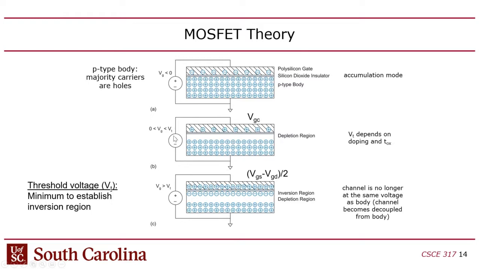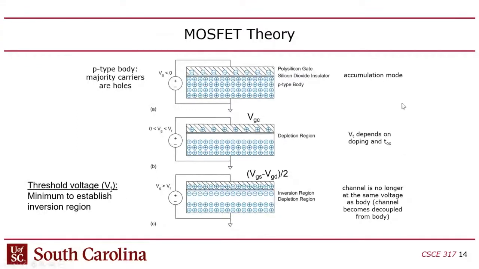And as you raise it from 0 all the way up until just before you hit the threshold voltage, that'll start moving the holes downward away from the channel, and that's called depletion mode. That creates a depletion in the channel. It's no charge carriers at all.